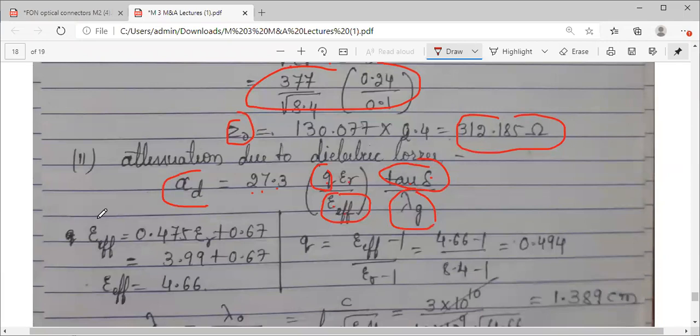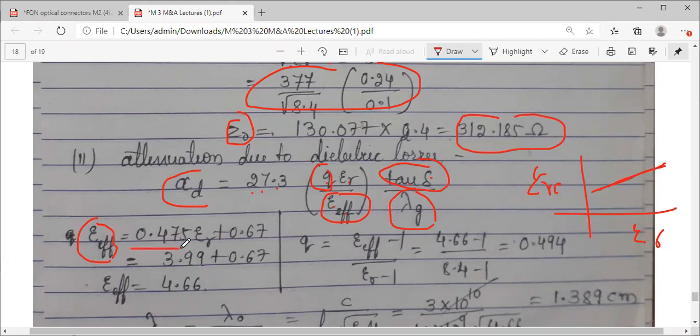You can see I have calculated epsilon effective. Go back and recall the previous session, where we saw the effective value and I gave you a graph also. The variation between your epsilon r and epsilon effective is not linear. It is increasing, but not a one-to-one relationship.